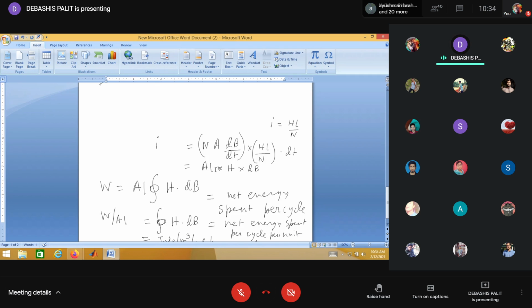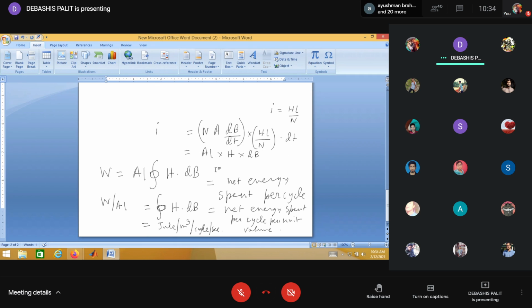This is your total complete cycle, and this is the magnitude of the hysteresis loss per cycle, per unit volume of the magnetic material.